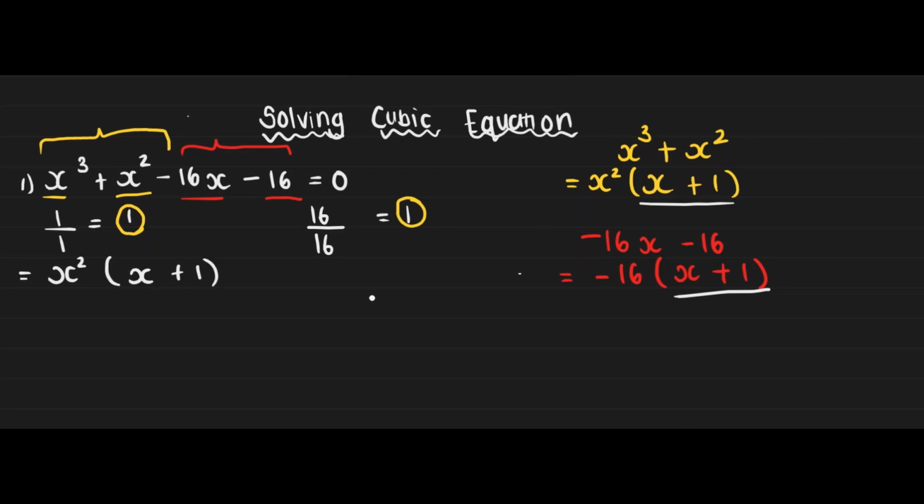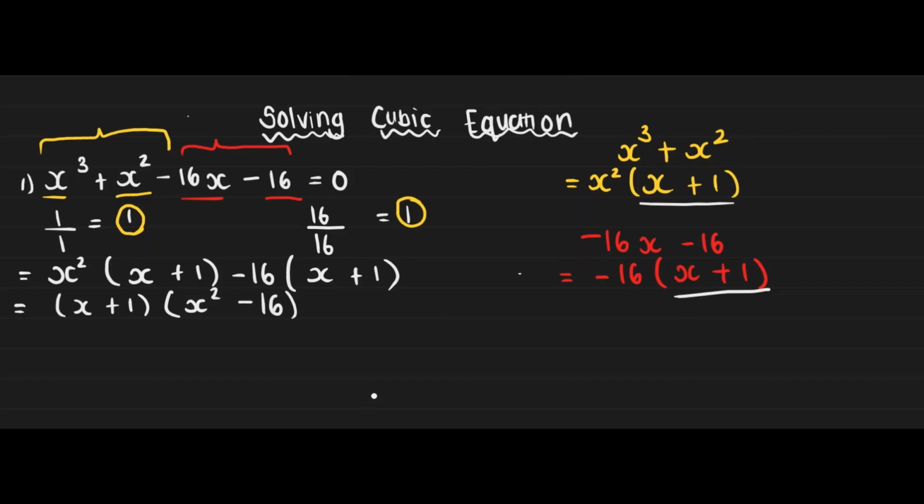Then you take this one, which is negative 16, open bracket, x plus 1. Then that's what you have. As I said, x plus 1 is a common factor. Let's take that out. So you're going to have x plus 1, then open bracket. What's left when you take out x plus 1? You're left with x squared minus 16.